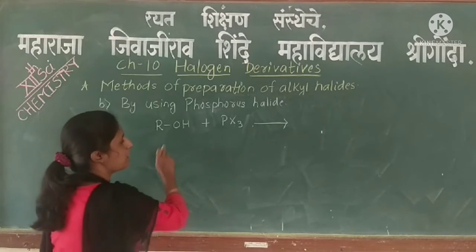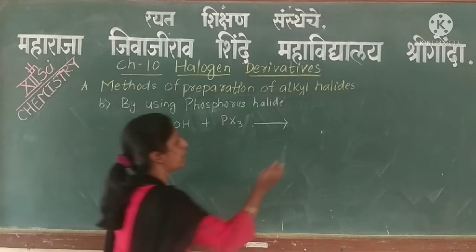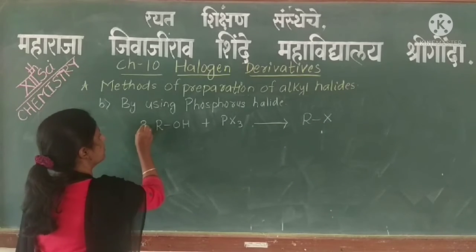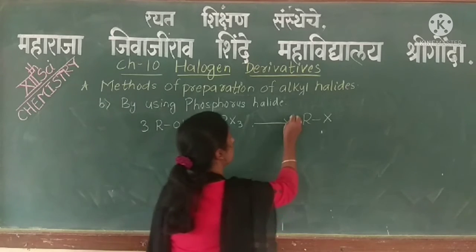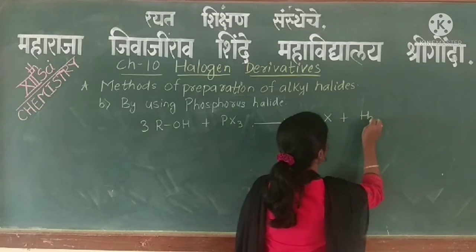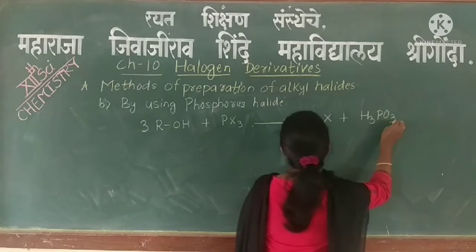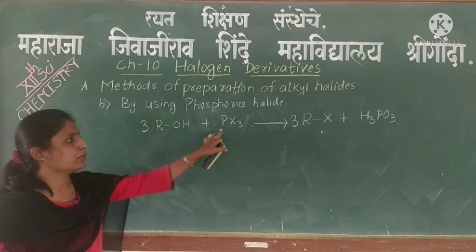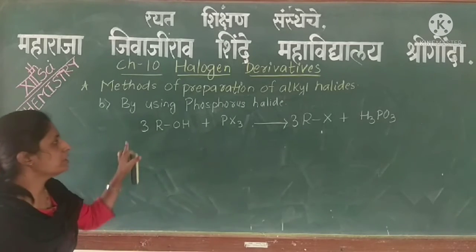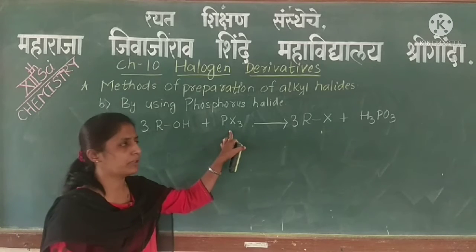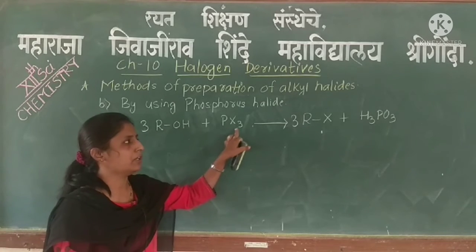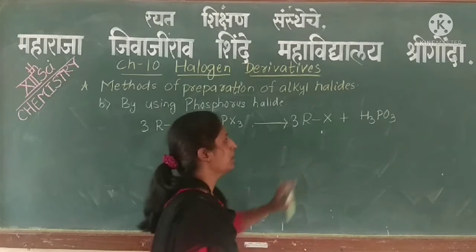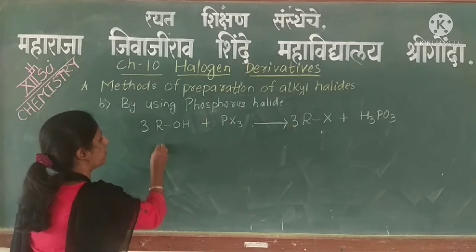Alcohol reacts with phosphorus trihalide to give you alkyl halide plus H3PO3. 3 moles of alcohol react with 1 mole of phosphorus trihalide to give you alkyl halide and H3PO3.